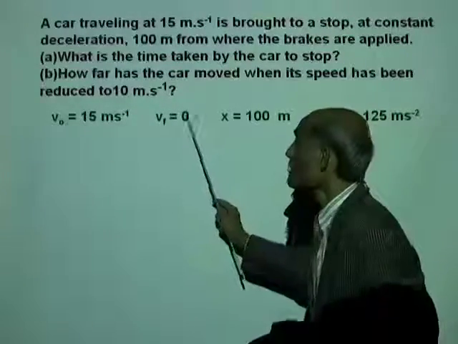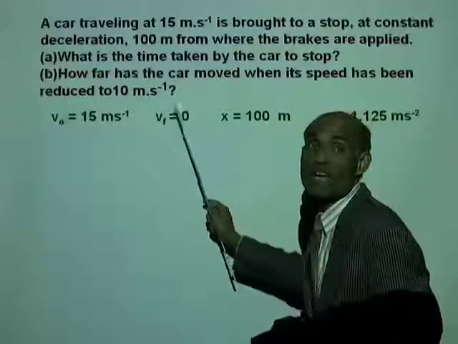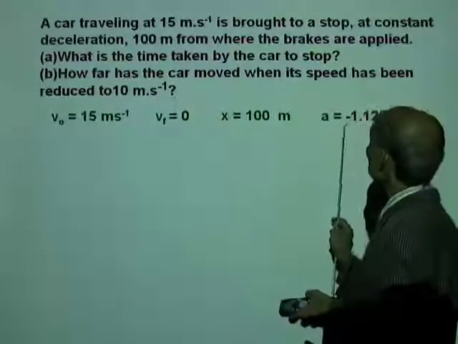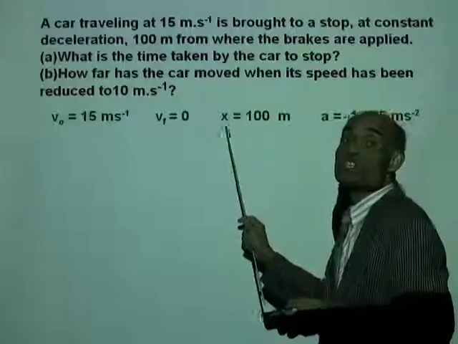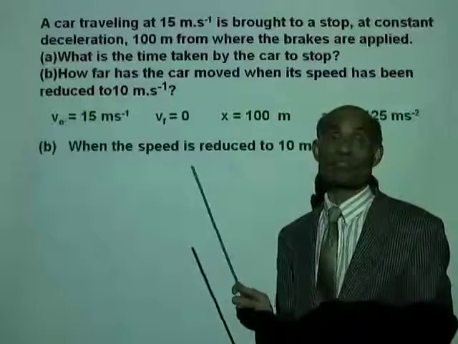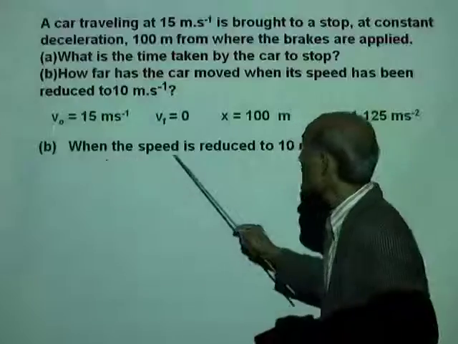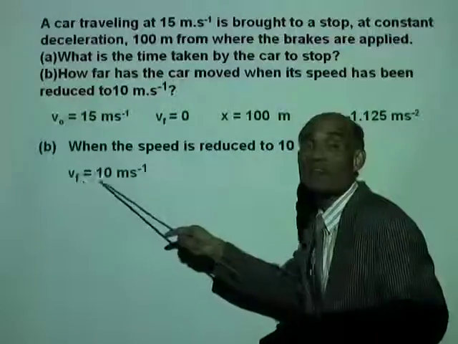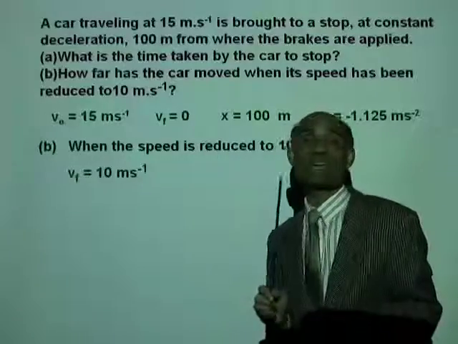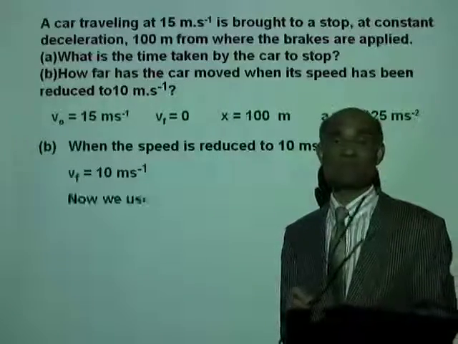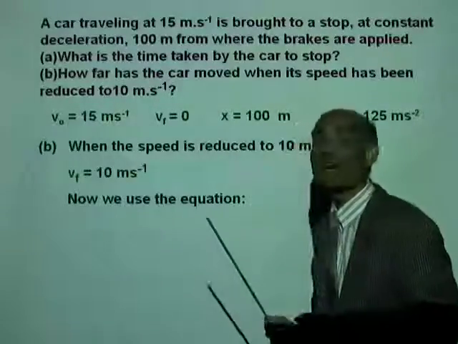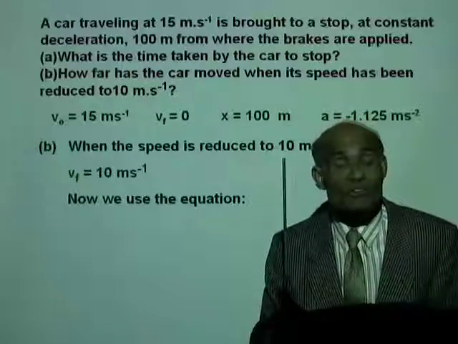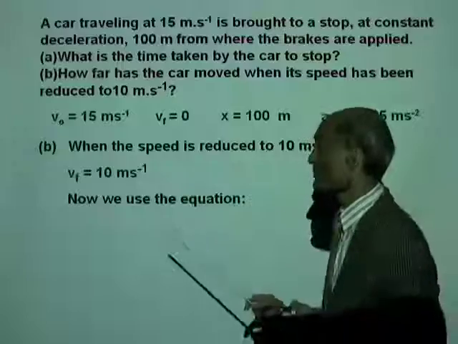Now, V0 is not 10 meters per second. We need Vf equal to 10 meters per second. This is the acceleration. We need to find our x. When the speed is reduced to 10 meters per second, we have Vf equal to 10 meters per second. And now we use the equation. Which equation? We are looking for x. Yes.